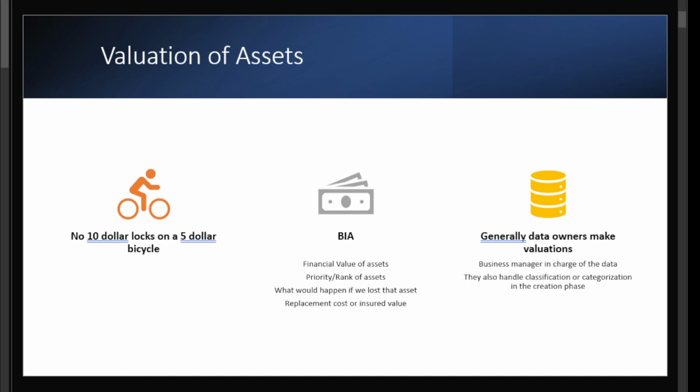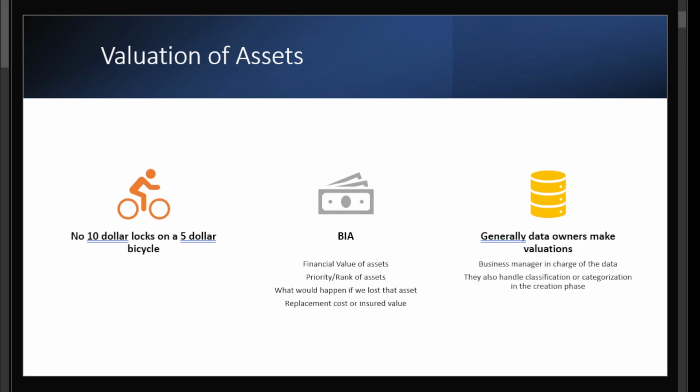All right, we're going to talk again about the BIA. We're going to talk about that a lot, the business impact analysis. This, once again, is going to talk about the financial value of assets when you're valuing the assets, the priority and rank. You're going to go into structure from the highest priority asset to the lowest priority. Then you want to determine what would happen if you lost that asset.